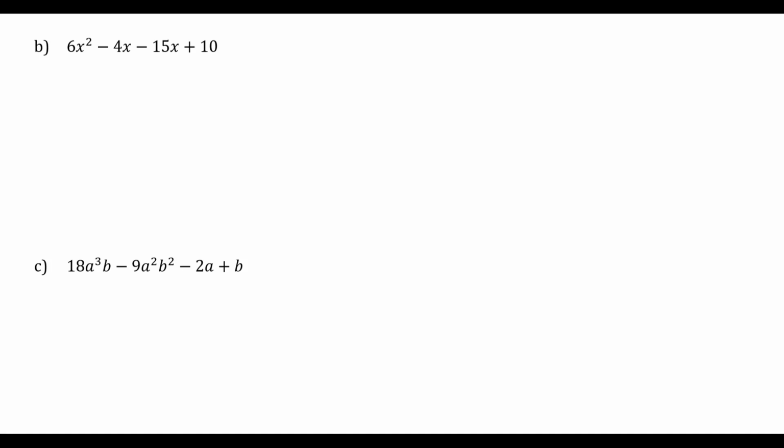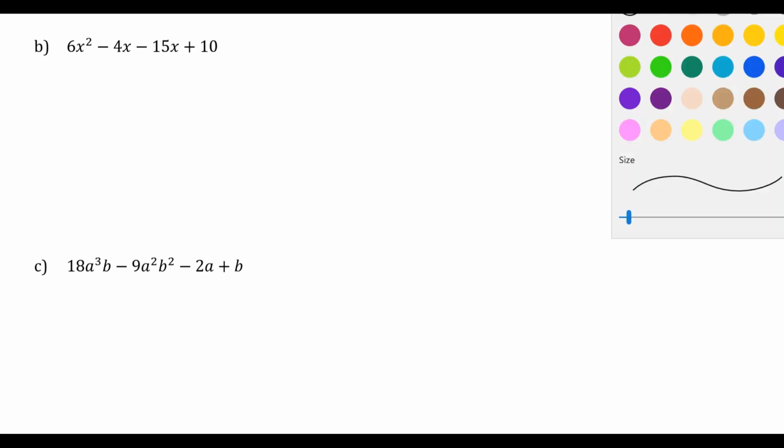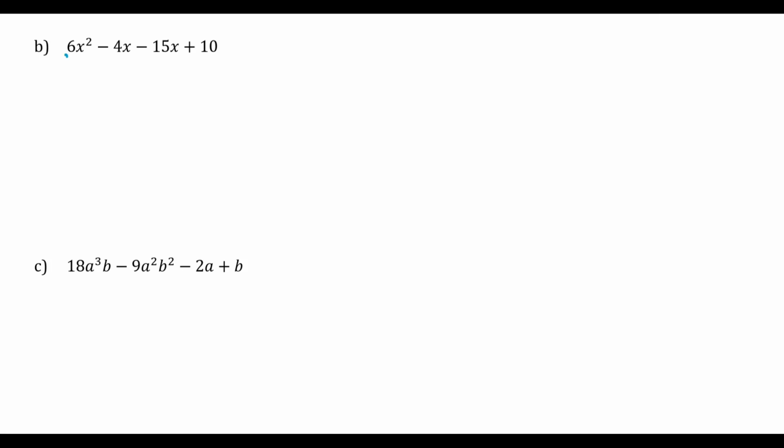Also, notice this one does not have an x, so I can't factor out an x. So now I'm going to look at my first two terms, 6x squared minus 4x. For my coefficients, I can factor out a 2. My variables, I can factor out an x, leaving me with a 3x minus 2.